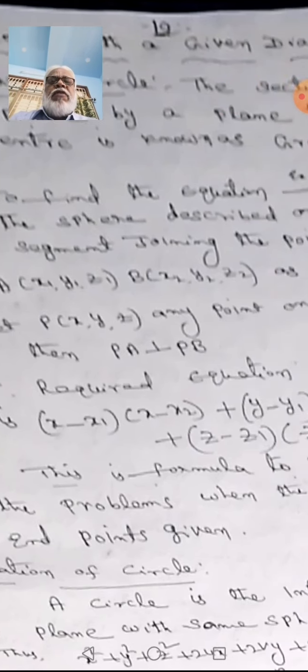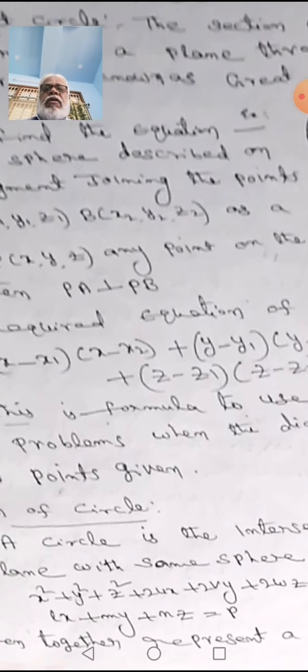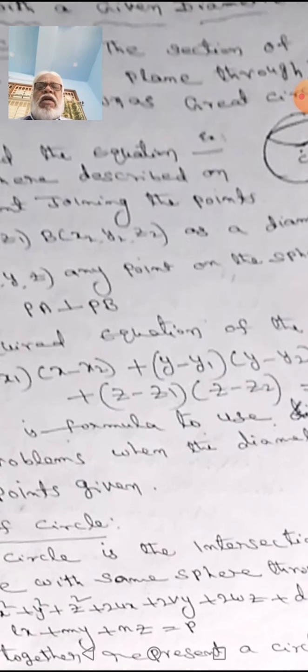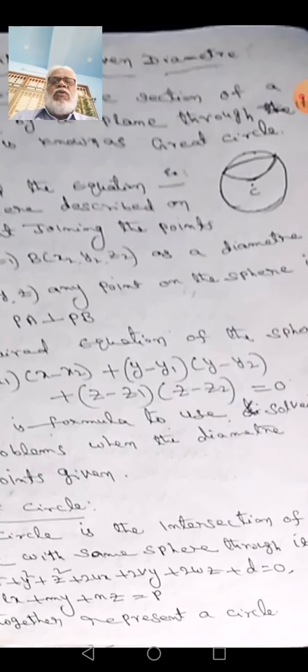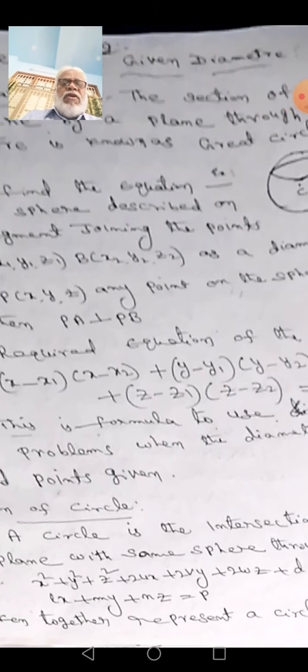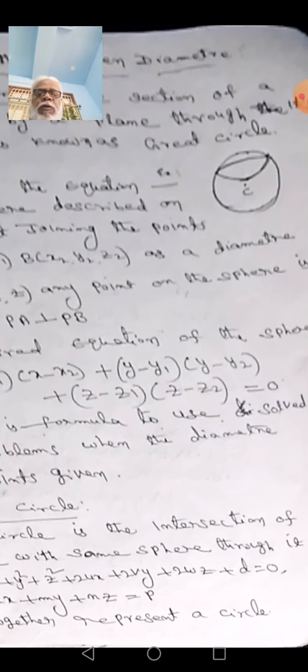Now to find the equation of the sphere described on the line segment joining the points x1 y1 z1 and x2 y2 z2 as a diameter. Suppose the diameter is given, the end points of the diameter are x1 y1 z1 and x2 y2 z2, then the equation of the sphere is (x minus x1)(x minus x2) plus (y minus y1)(y minus y2) plus (z minus z1)(z minus z2) is equal to 0.